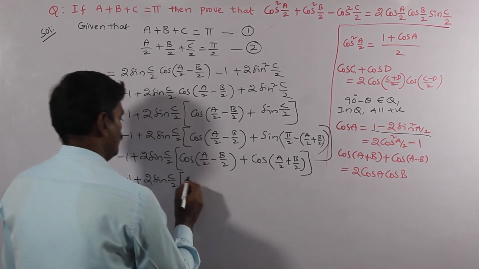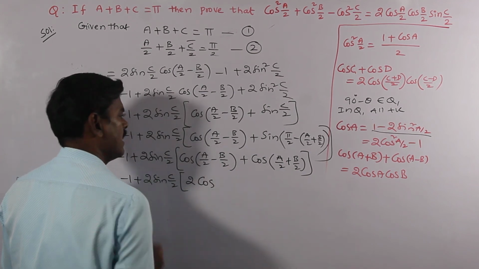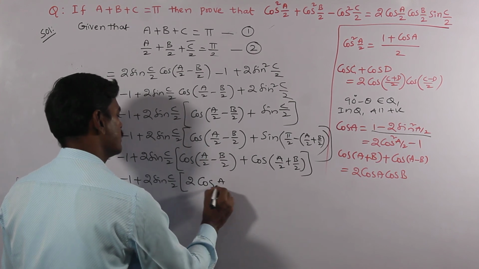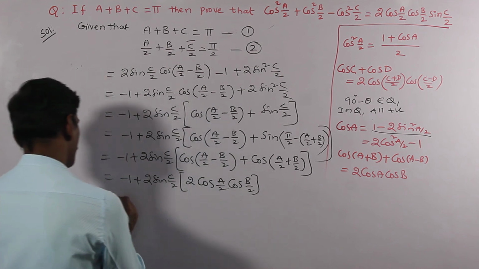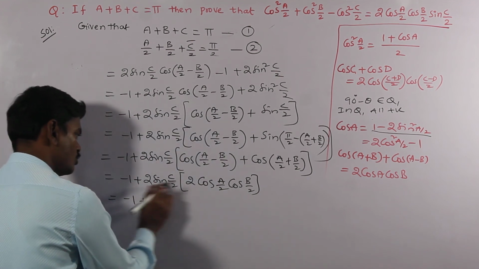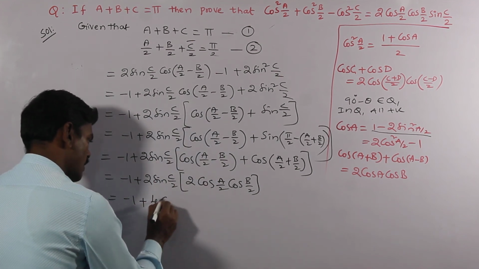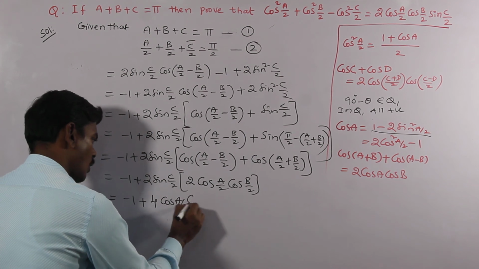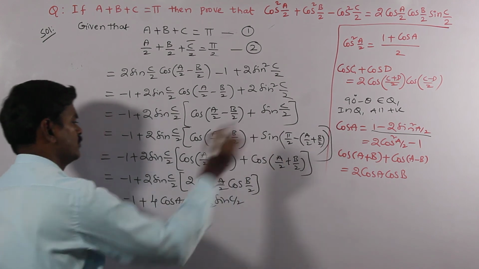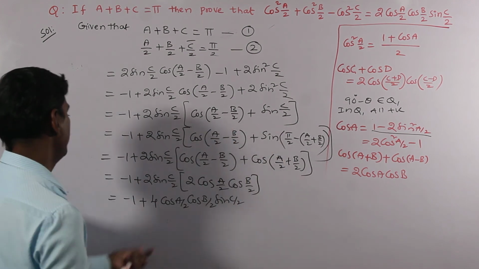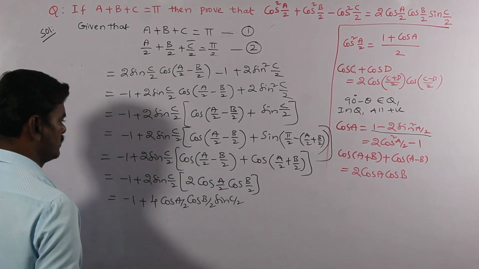So here I can write 2 cos a, and a here is a by 2, into cos b, where b is b by 2. So minus 1 plus, now 2 twos are 4 cos a by 2 into cos b by 2 into sin c by 2. So this is the simplified form of the ratio part.